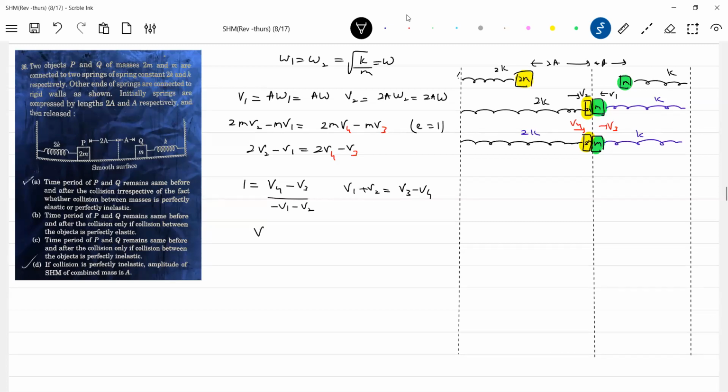Anybody, V3, V4 value? Give me the V3, V4 value. Solving equation 1 and 2. Anybody V3?